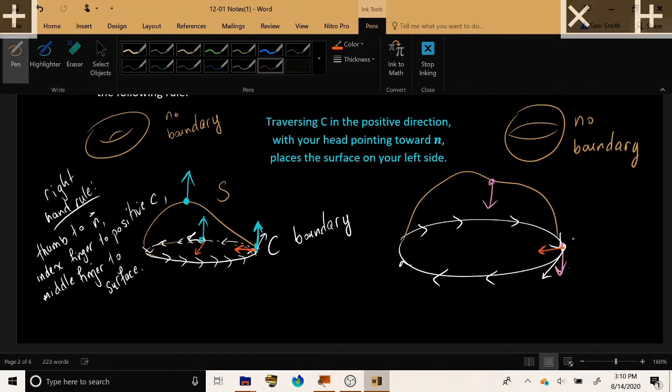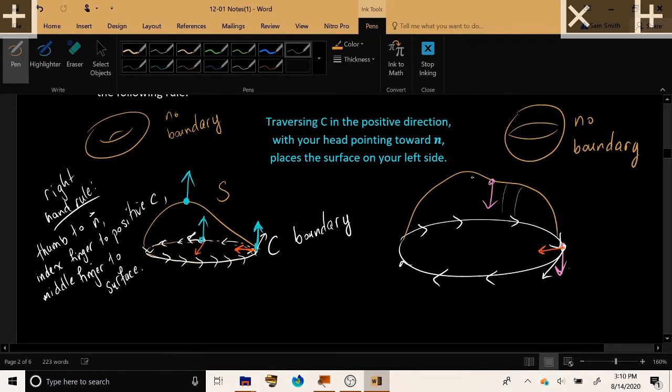With your index finger pointing in the direction of the white vector and the thumb pointing in the direction of the pink vector, then your middle finger will point in the direction of the red vector, which is to the inside of this bowl, which is where the surface lives. So I apologize for that. We had the red vector backwards a few seconds ago.